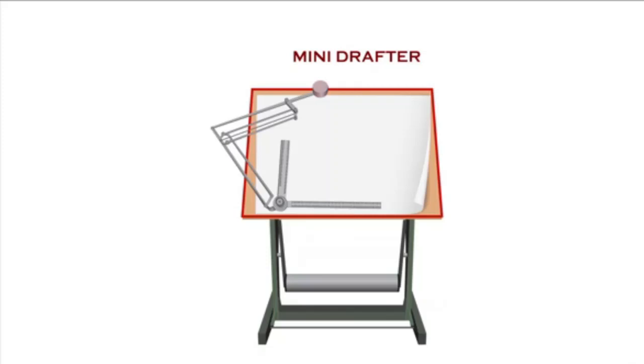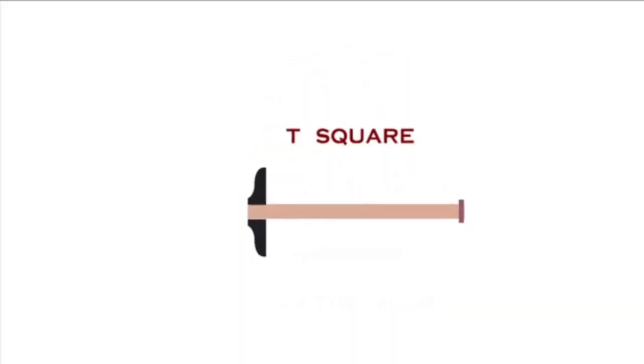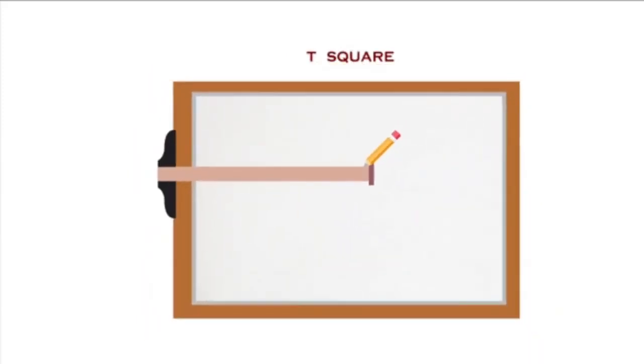Now we will see the next instrument, that is the T-square. This T-square has two components. The black one is called the stock and the pink one is called the blade. In this image we can see that the black one is fixed to the drawing board.